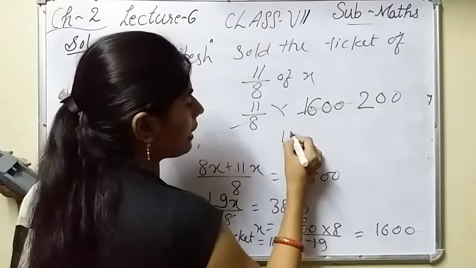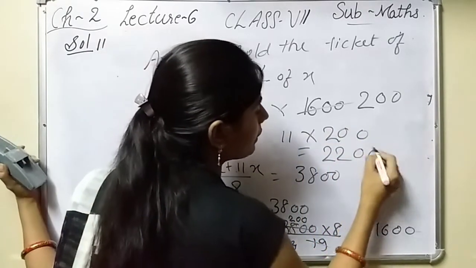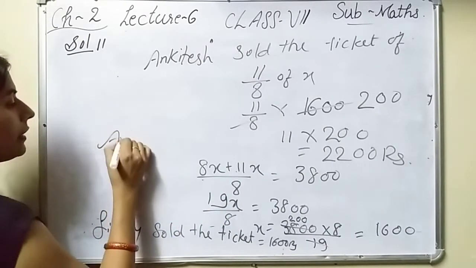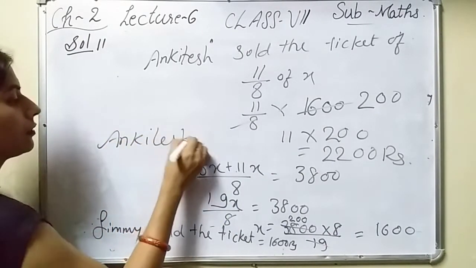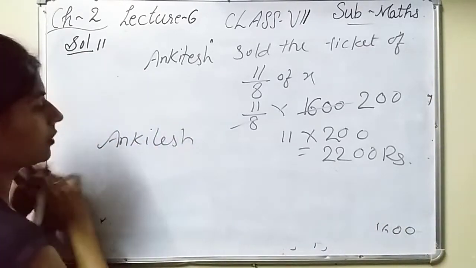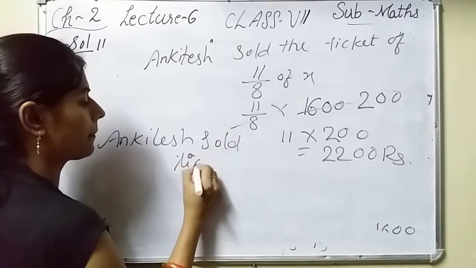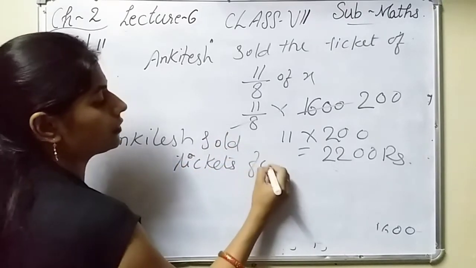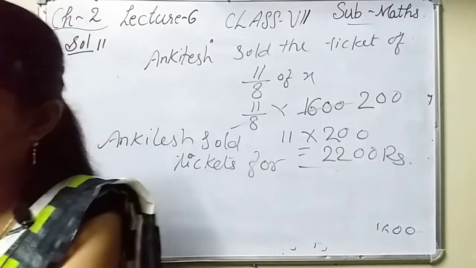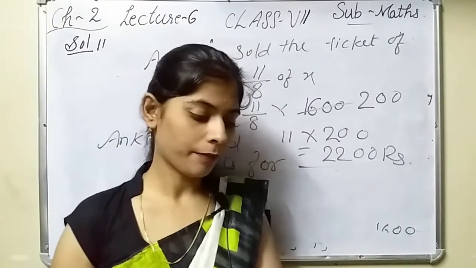Now multiply 11 into 200, it means 2200 rupees. So Ankitesh sold tickets for rupees 2200.